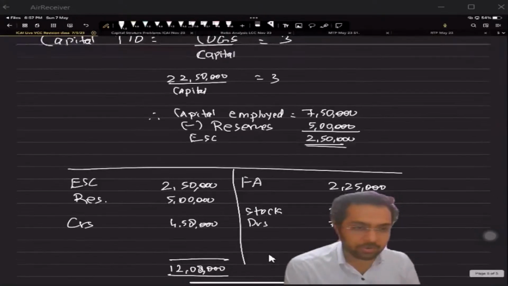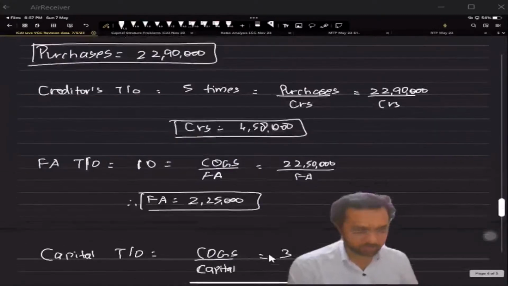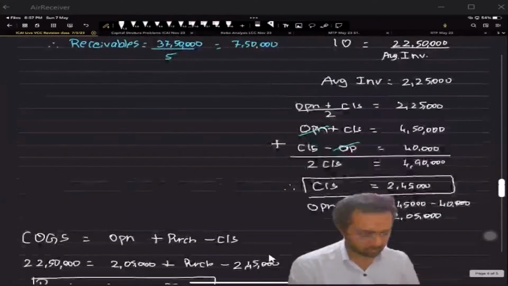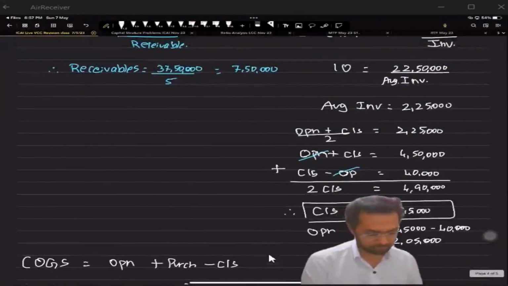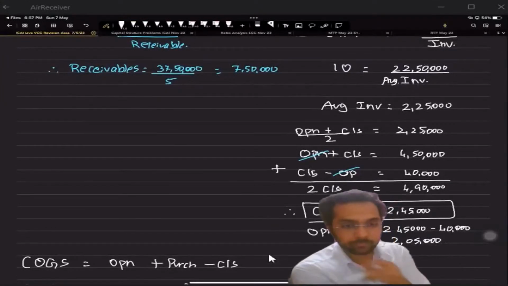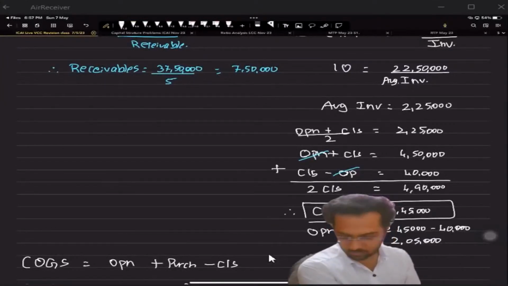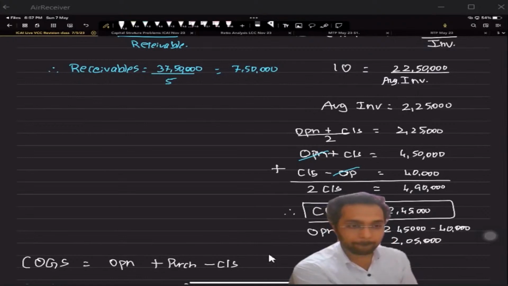Average inventory, you're getting it as 8 lakh 20. Closing stock is 8 lakh 20. How come? There seems to be a balancing figure.